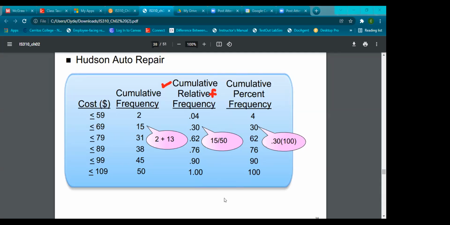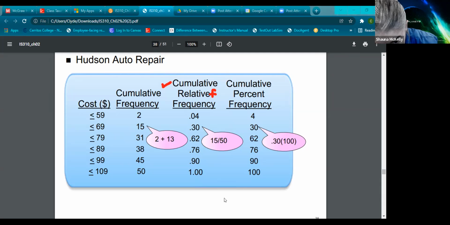Right. 15 divided by 50, 0.30. 31 divided by 50, 0.62. Okay. 45 divided by 50, 0.90. And 50 divided by 50 is 1.